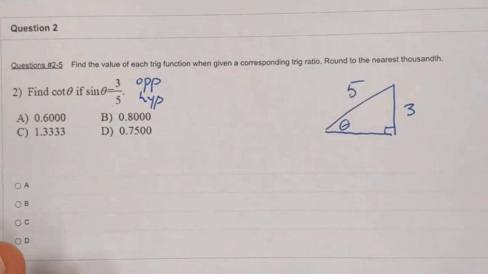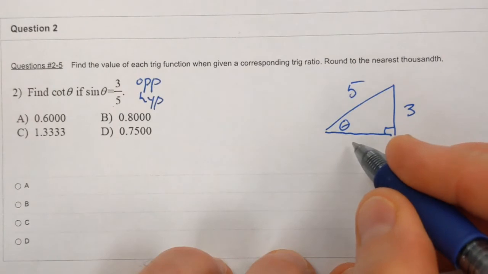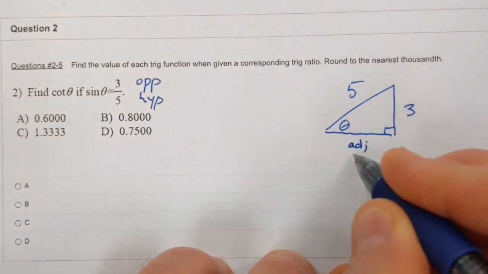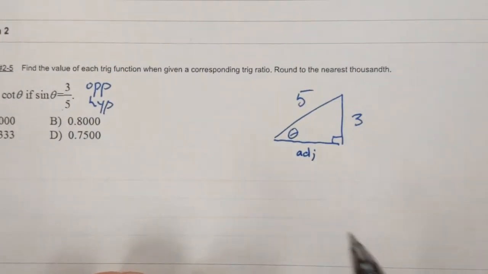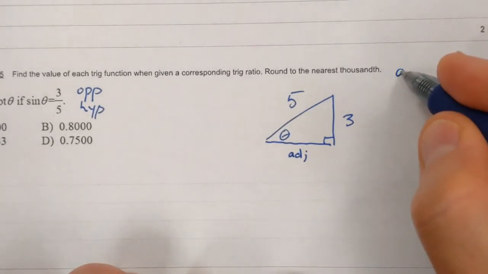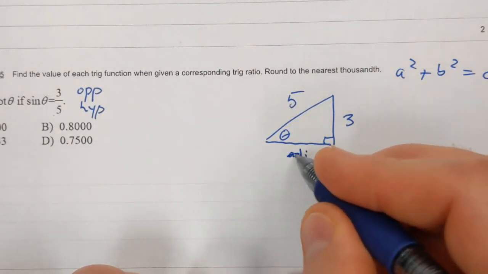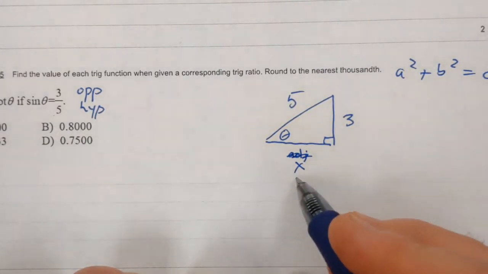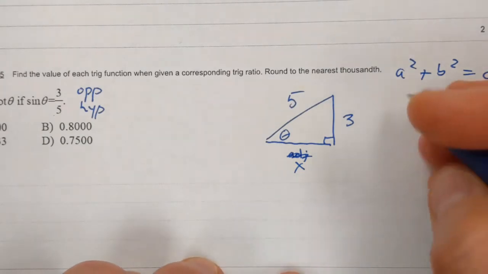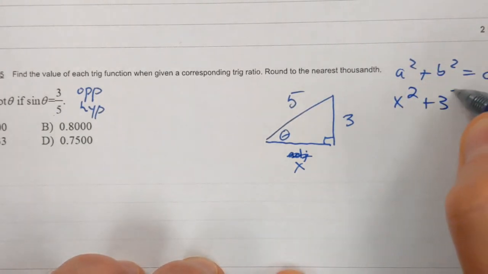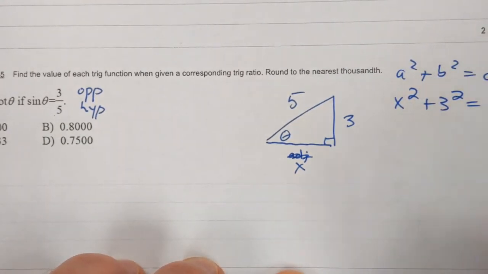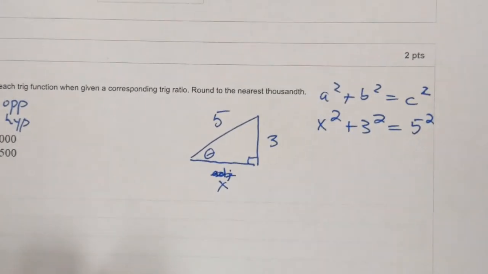Well, we're going to now use the Pythagorean theorem. We do not know what the adjacent leg is. It's not given to us. But with the Pythagorean theorem, we can find it really easily. I'll just call this x right here. So we're going to find this missing leg using the Pythagorean theorem. So it would be x squared plus 3 squared is equal to 5 squared.